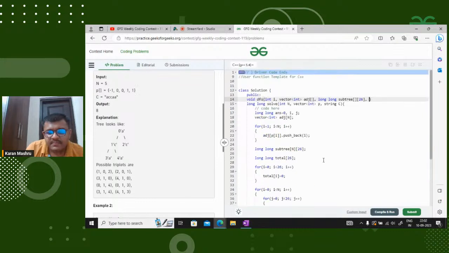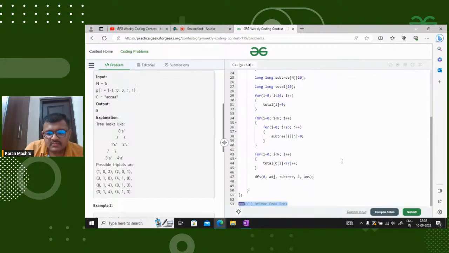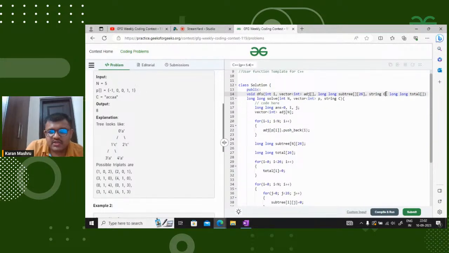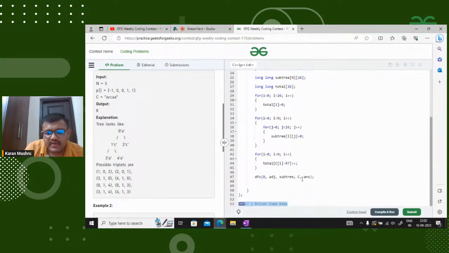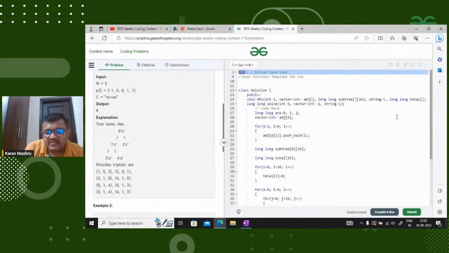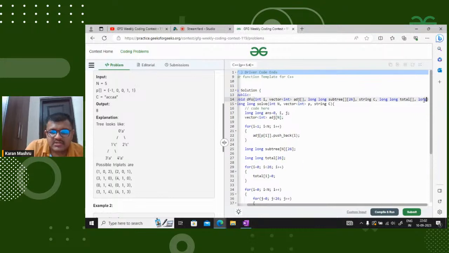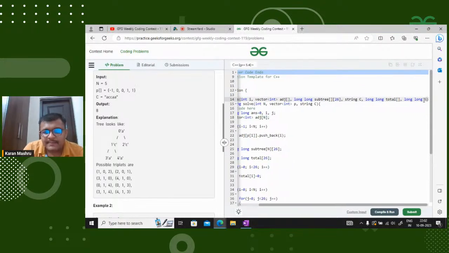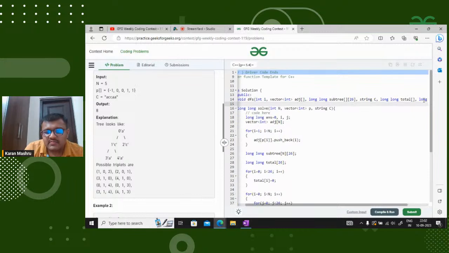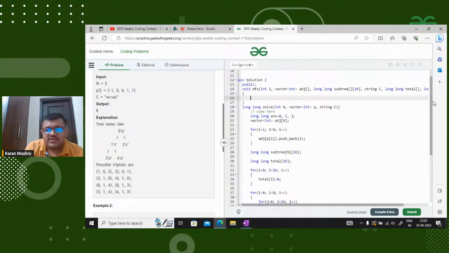Then I need the string C, and I'll also need the count of total characters, so I am passing the total array too. I'll pass total, and I'm passing the answer variable also, right? So let's take long answer. I'll pass it as reference because that was declared in the main function, right?